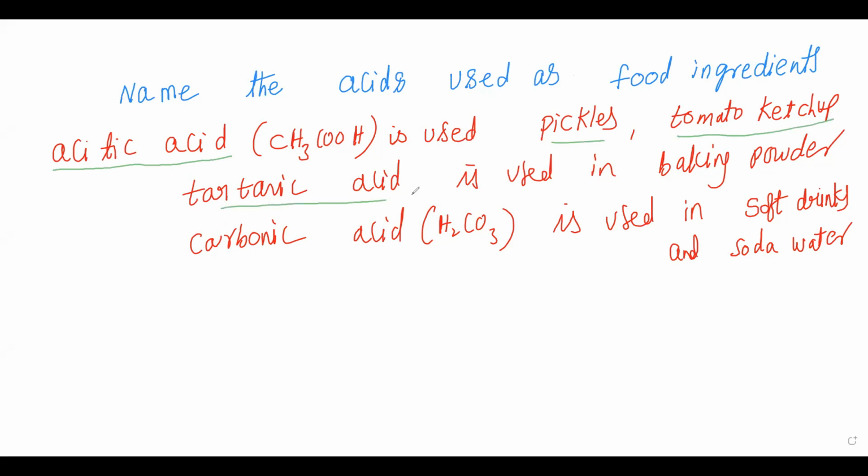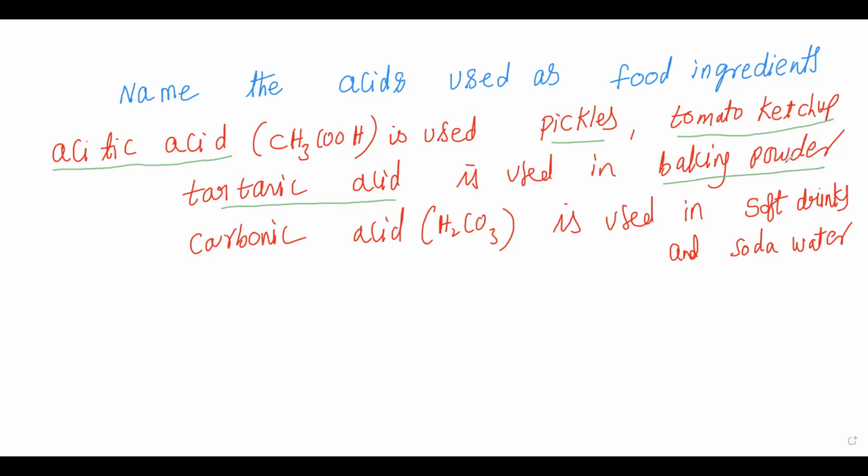Tartaric acid is used in baking powder. Because of this tartaric acid, cakes become spongy and fluffy.